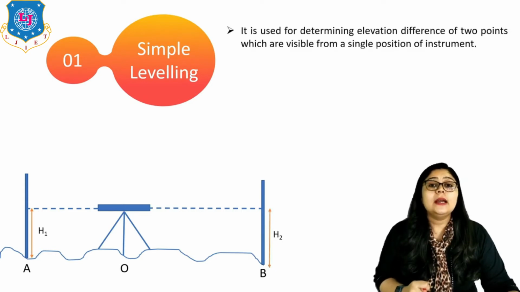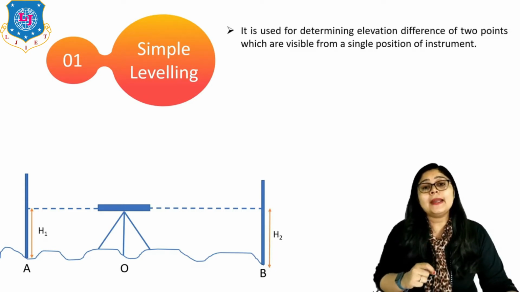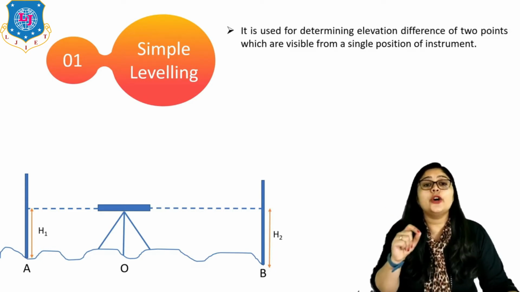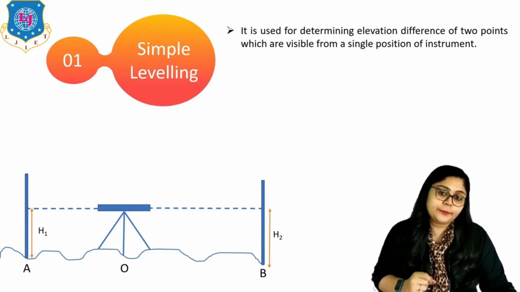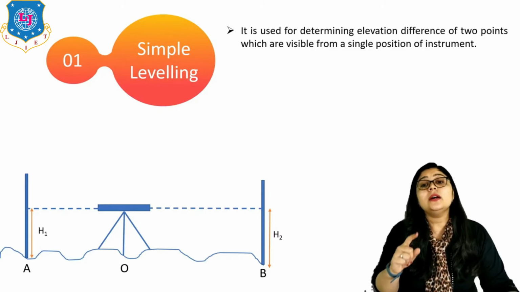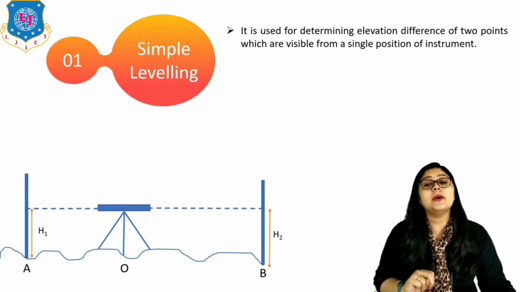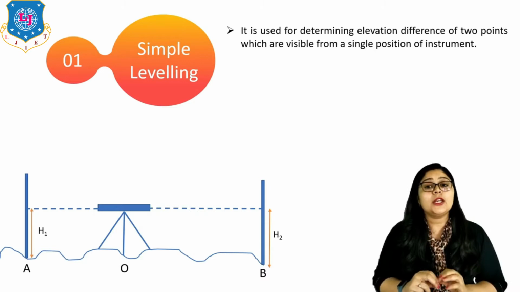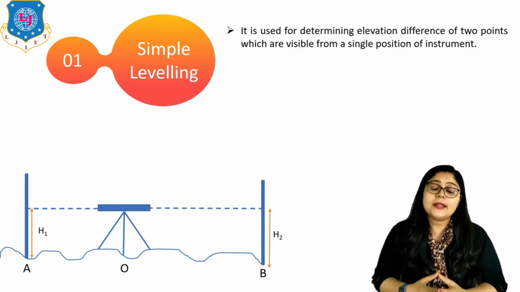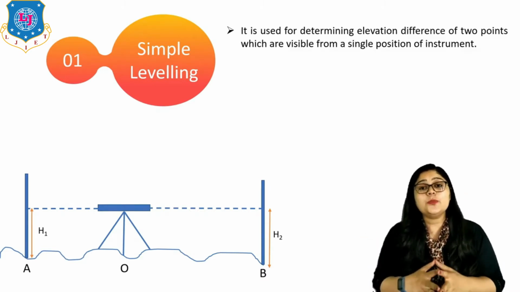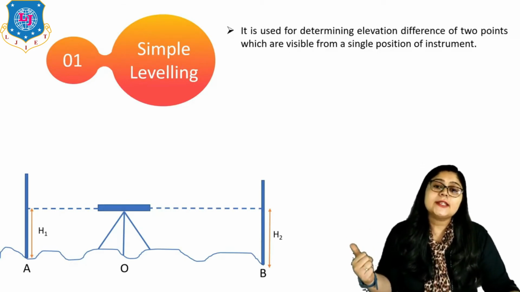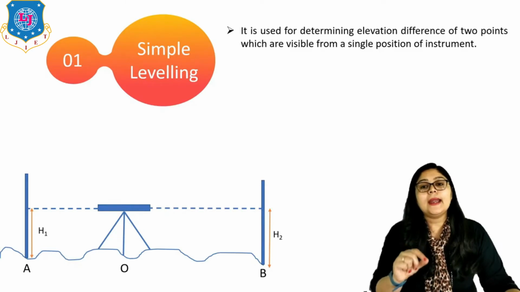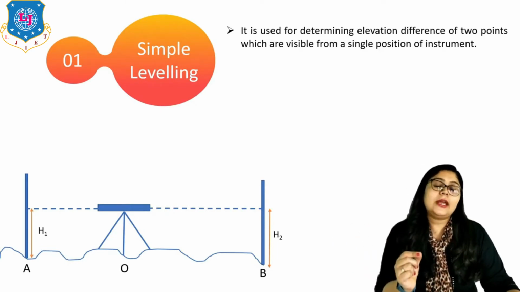H2. It means here it is used to determine the elevation difference of 2 points which are visible from a single position of instrument. It means I can say when these 2 points are intervisible, at that time I can go for the simple leveling, as well as I can say whenever the change points are not there, that kind of leveling is known as the simple leveling to get the height difference between any 2 points.